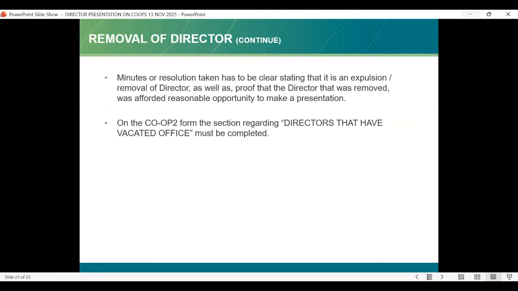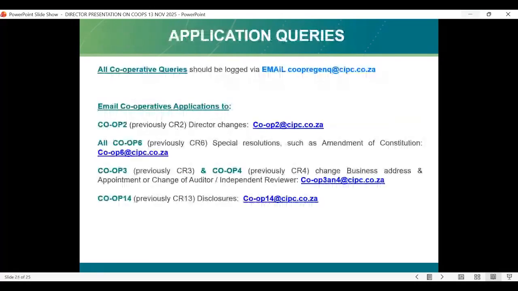The other party must also be afforded the opportunity to present him or herself before the meeting. And then on the CoOp 2 form, the section regarding directors that have vacated office must also be completed.